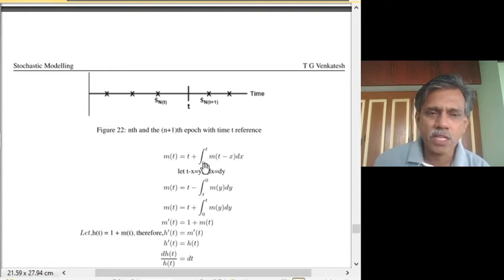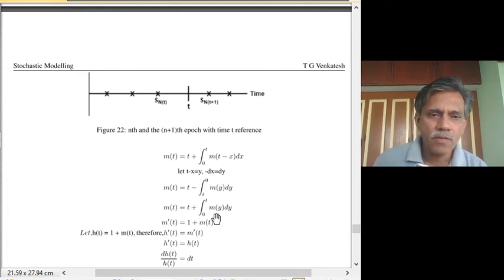So the limits change from t to 0, but dx becomes minus dy, and therefore we can change the minus to plus, swap the upper and lower limits, and retain it as 0 to t. So we have got an equation like this.